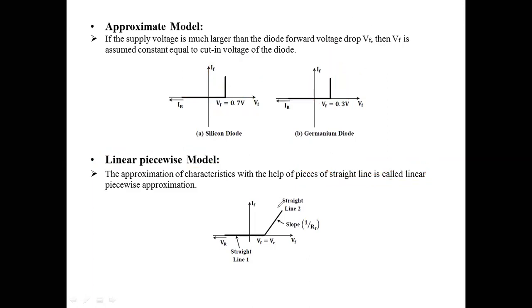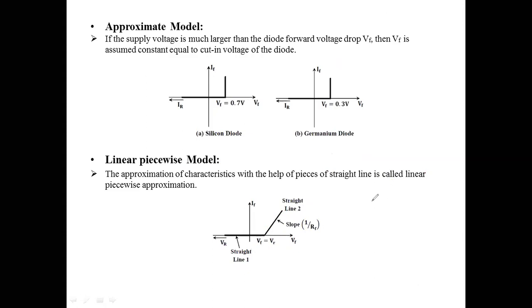In this case the line has a little bit of slope, a gradual increase in current with increase in voltage after the cut-in or threshold voltage. This is the forward characteristic of the diode, and in the reverse characteristic, before Vf or the threshold voltage, current is 0 only.